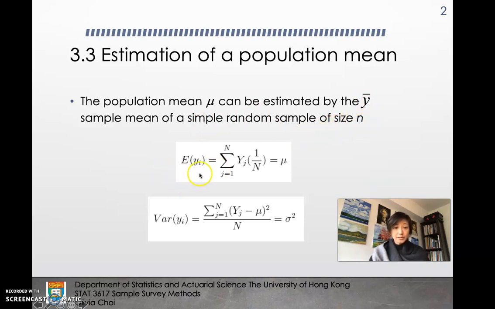So looking back at the population, the expected value of yi equals mu. So if I randomly choose a particular sample unit from the population, the expected value of it equals the mean value. The variance of yi, a particular sample unit chosen, would equal sigma squared.